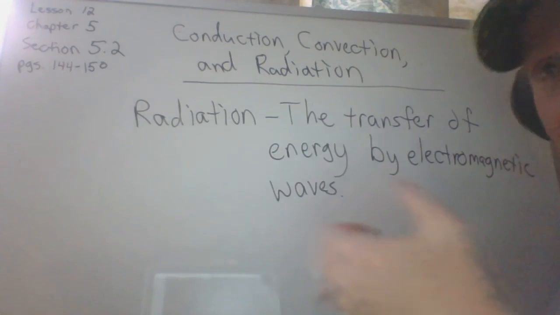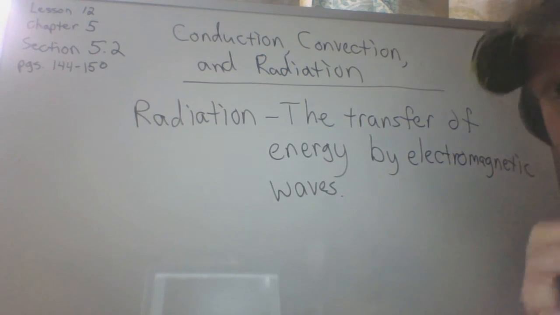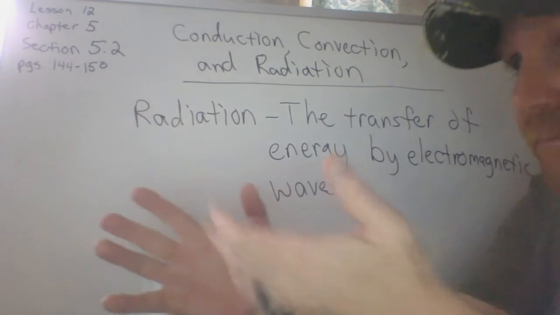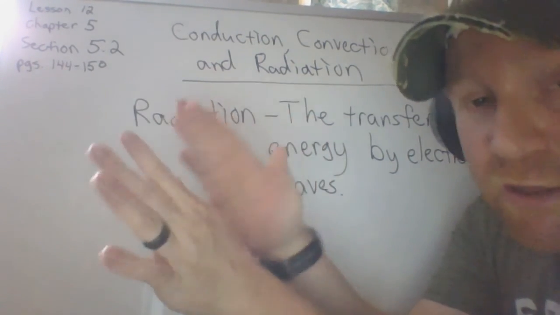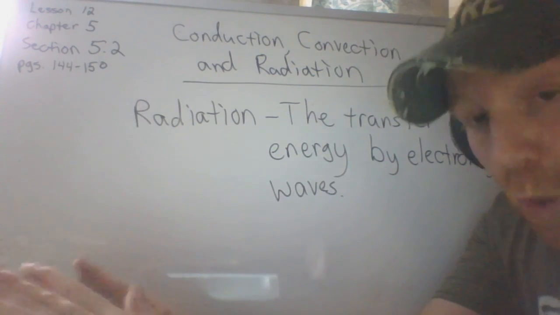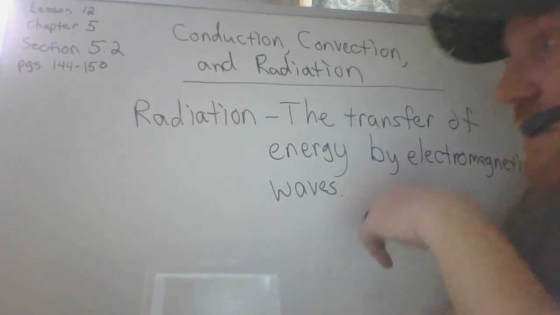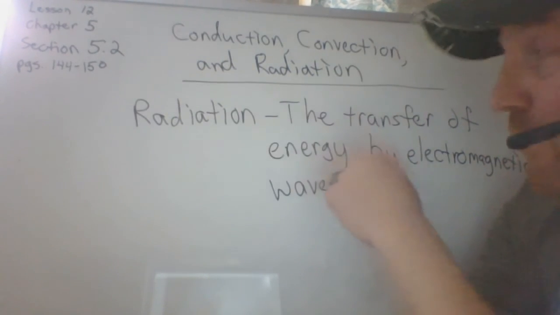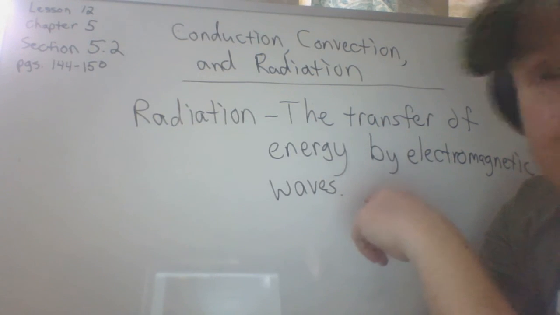Visible light, ultraviolet light, a bunch of electromagnetic radiation, and that's how planet Earth gets its heat. I want you to think of putting your hands close to a fire. You're getting heat through radiation. Invisible waves for the most part, and that is conduction, convection, and radiation.